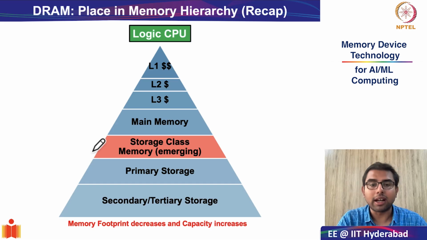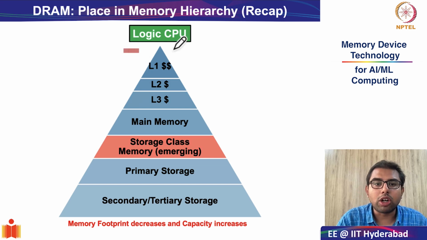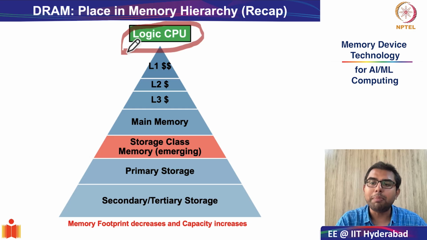Just a very quick recap. I hope you can recall this pyramidal structure of memory hierarchy, and as you can see, at the top of the pyramidal hierarchy is your CPU subsystem or your logic subsystem, followed by several memory and storage devices organized in this pyramidal fashion.